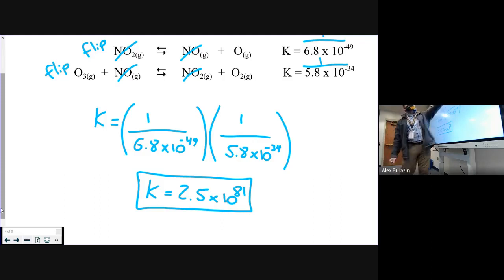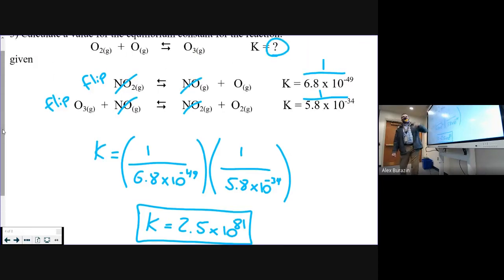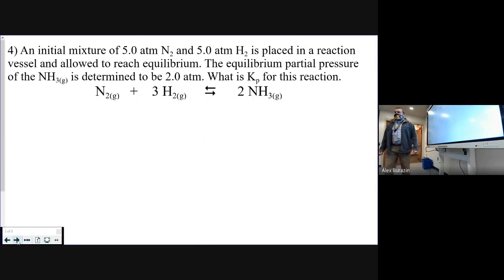We multiply these together instead of adding them. When you flip it, we take 1 over, or the reciprocal of it. And when we double it, we would actually square the value. If I tripled it, I would cube the value. So this process is the same, taking multiple steps to turn into one step. That's the same conceptually, but how we manipulate the value that we're interested in is different. Make sense? Keep going. I can help you now, Logan.